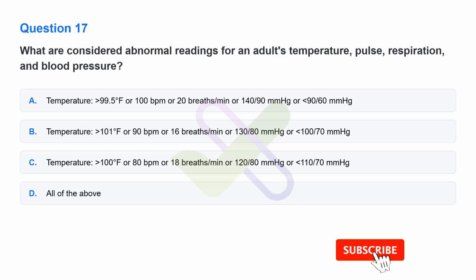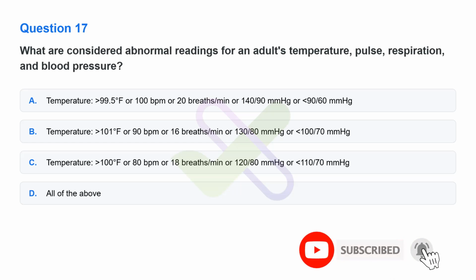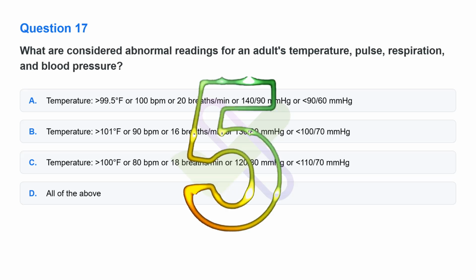B. Temperature greater than 101 degrees Fahrenheit or 90 bpm or 16 breaths/min or 130/80 mmHg or 100/70 mmHg. C. Temperature greater than 100 degrees Fahrenheit or 80 bpm or 18 breaths/min or 120/80 mmHg or 110/70 mmHg. D. All of the above.